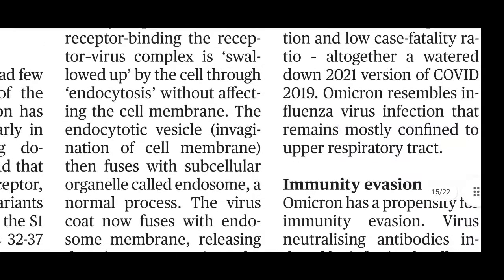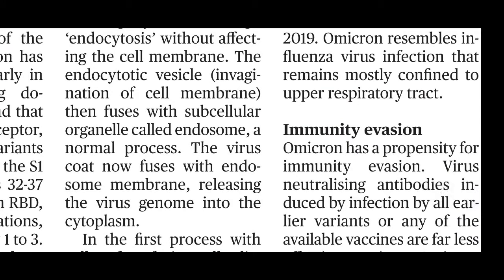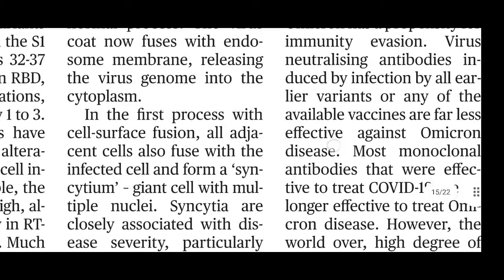The endocytotic vesicle (invagination of cell membrane) then fuses with subcellular organelle called endosome, a normal process. The virus coat now fuses with endosome membrane, releasing the virus genome into the cytoplasm.